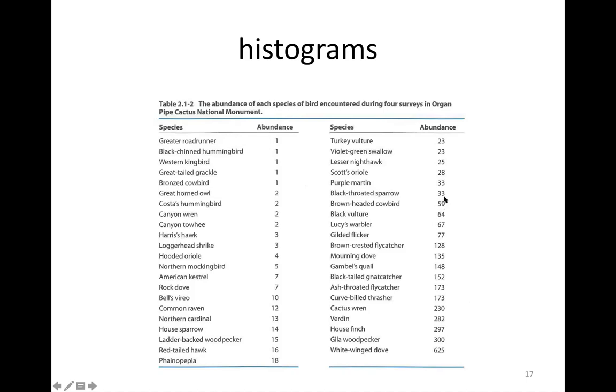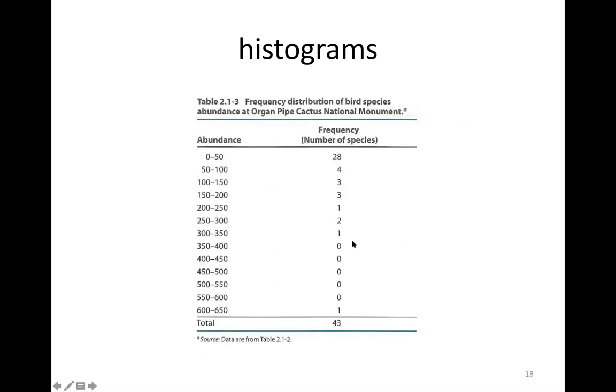Sorry, 50 to 100 here, right? 4 observations, and then 101 to 153 observations, and so on. So this is a summarized version of the same data, summarized based on abundance.